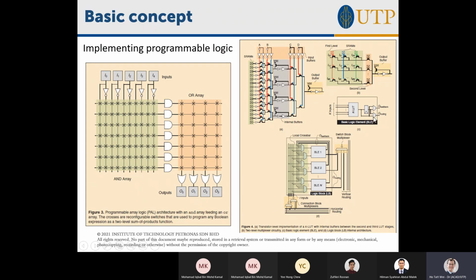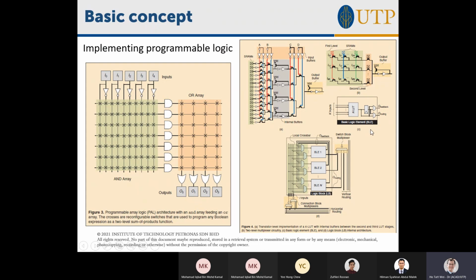So this is the basic logic element in an FPGA today. It comprises a lookup table with K inputs, with the option of whether you want to throw in a flip-flop here or not.